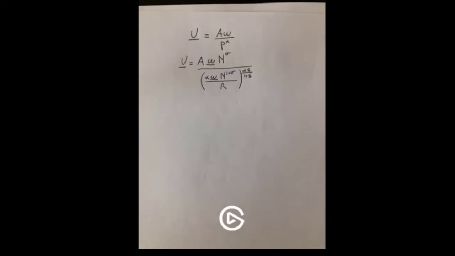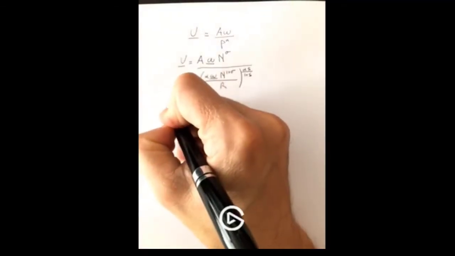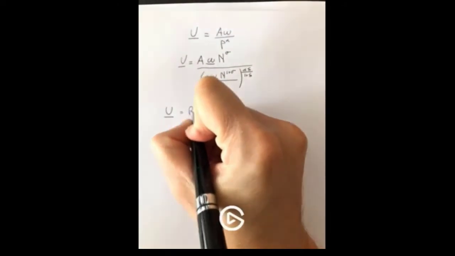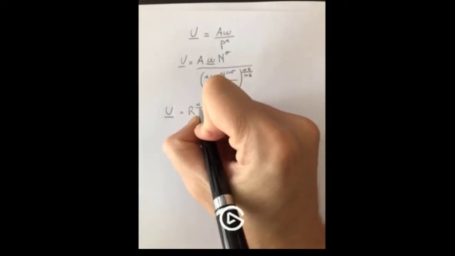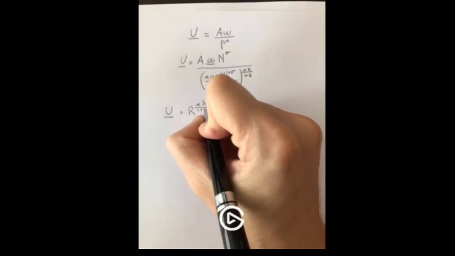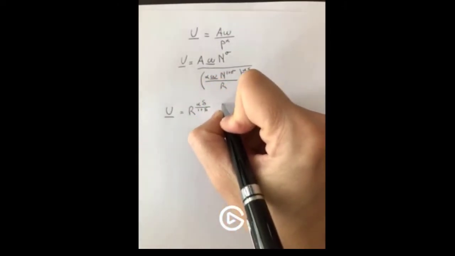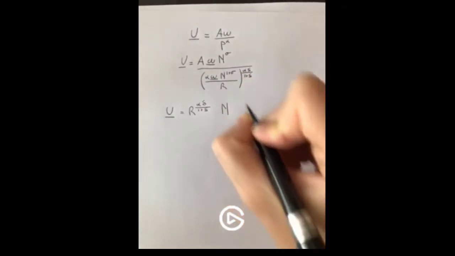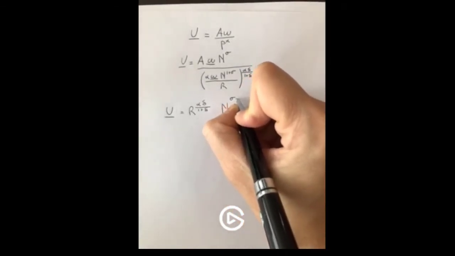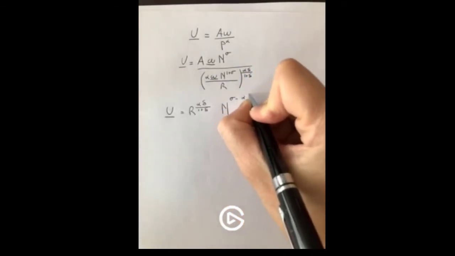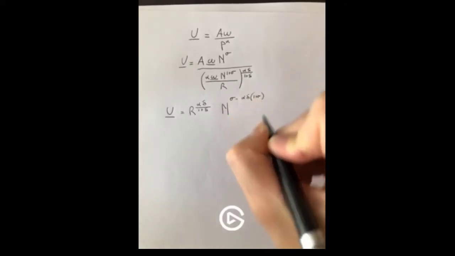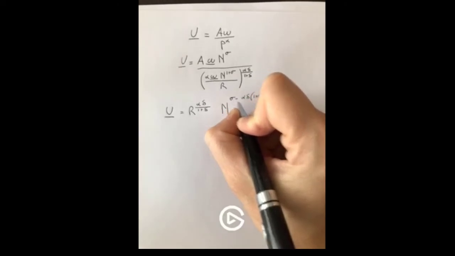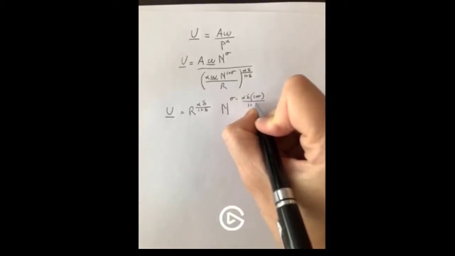So I can rewrite this as u lower bar equal to r with exponent alpha delta divided by 1 plus delta, times n with exponent sigma minus alpha delta times 1 plus sigma divided by 1 plus delta.